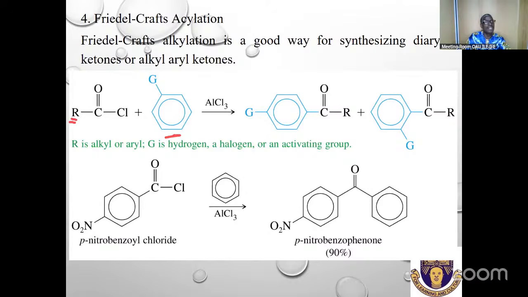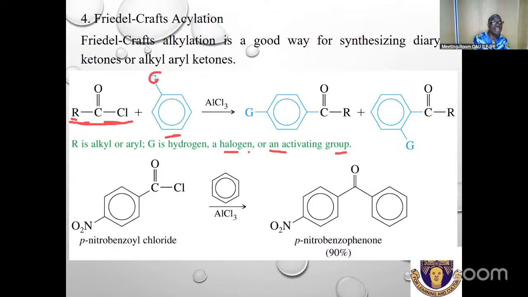So this is in the presence of acyl chloride. This is an acyl chloride, reacting it with an aryl group, which can be benzene. That is, if G here is hydrogen, then you have benzene. But if the G is a halogen, then you have halobenzene or benzene halide, or any activating group.